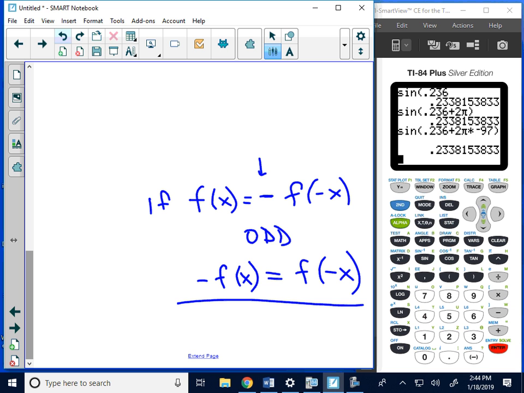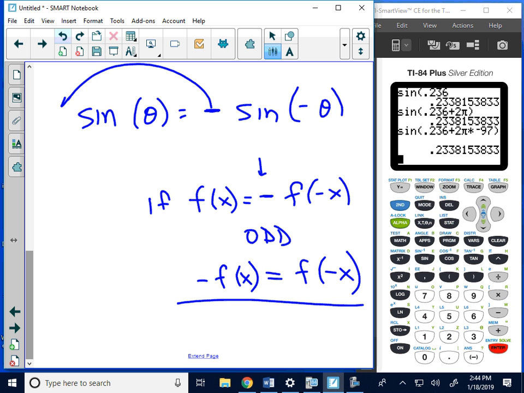The sine function is an odd function, okay? So the sine of any angle is, in fact, the opposite of the sine of the negative angle. And again, you can put this negative sign here, or you can put it over here. Doesn't matter. So yes, sines are odd.